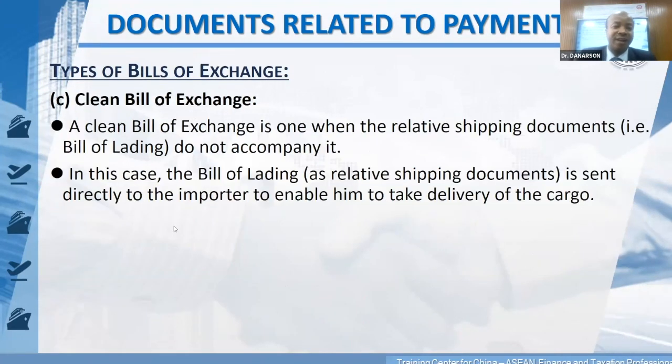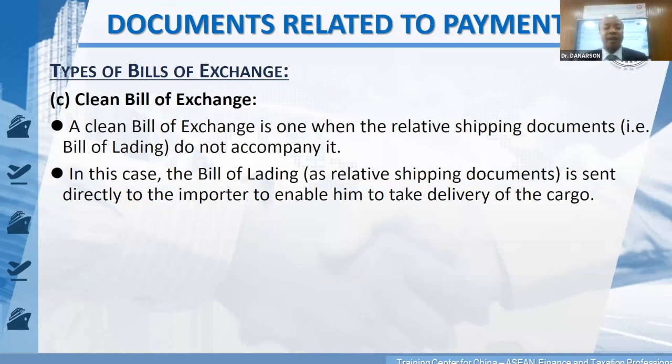That's usance. And the clean bill of exchange is one where relative shipping documents do not accompany it. It means the bill of lading is not there, but just this bill can do the job. So in this case, a bill of lading is sent directly to the importer to enable him to take delivery of the cargo, for example.